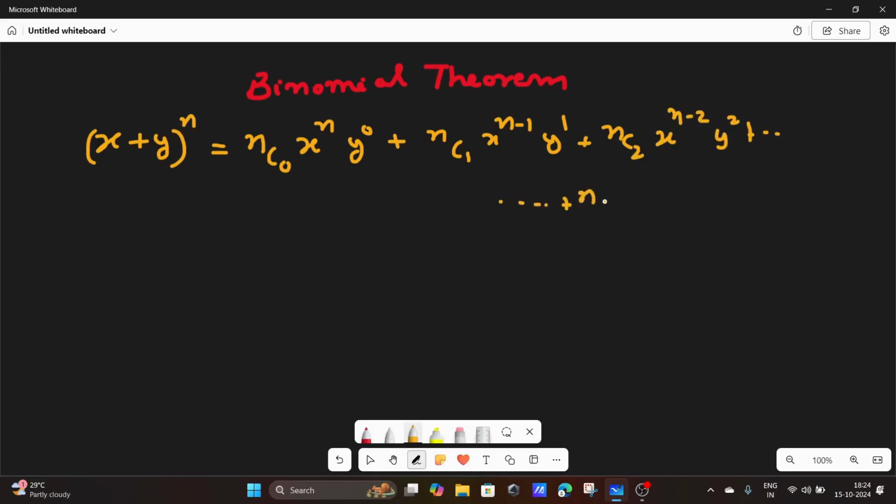The last term is nCn x^0 y^n, where n is a positive integer.